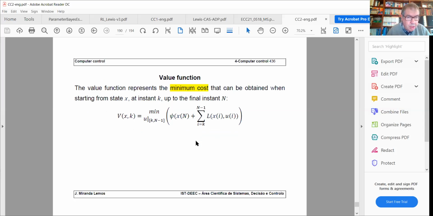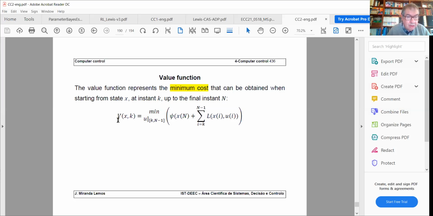According to dynamic programming, what you do is define a value function. If you are at time k, the value function of a state at time k is the optimal cost when you operate the system from time k up to the end.